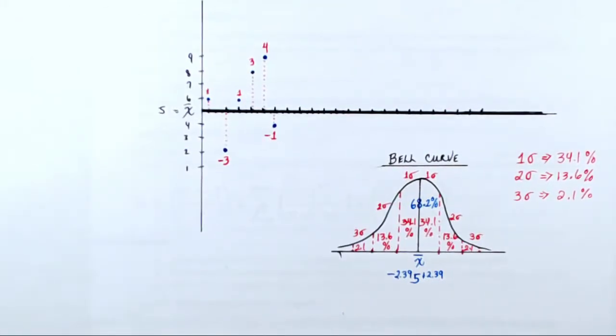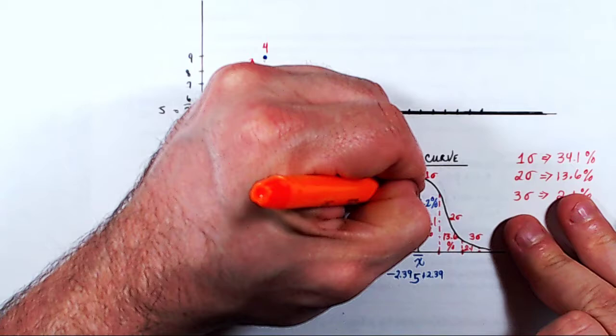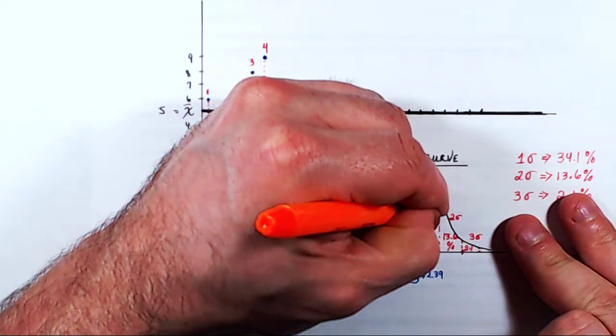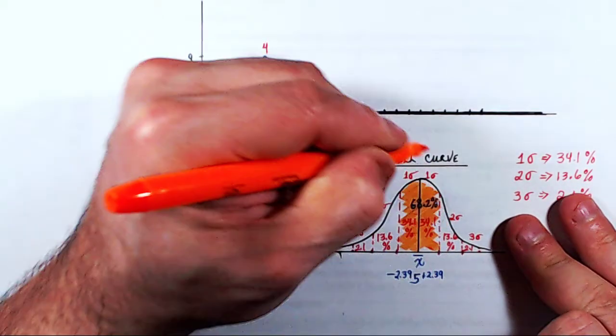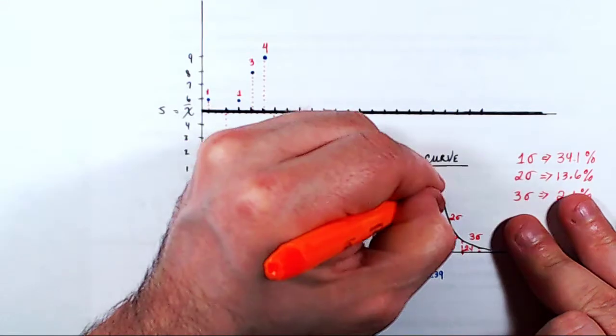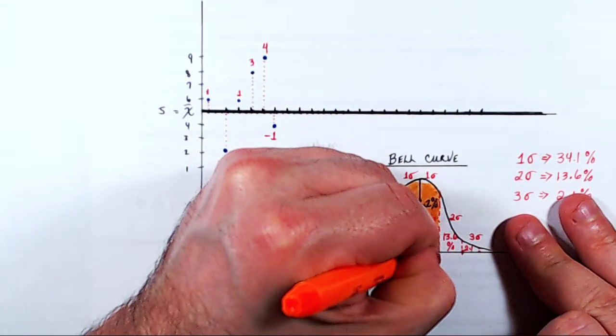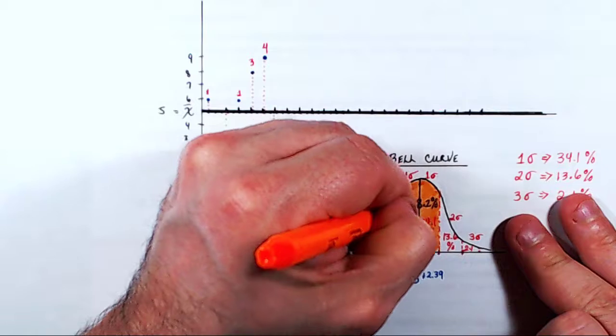This whole area here accounts for 68% of those poll results that lie within one standard deviation to the left or one standard deviation to the right.